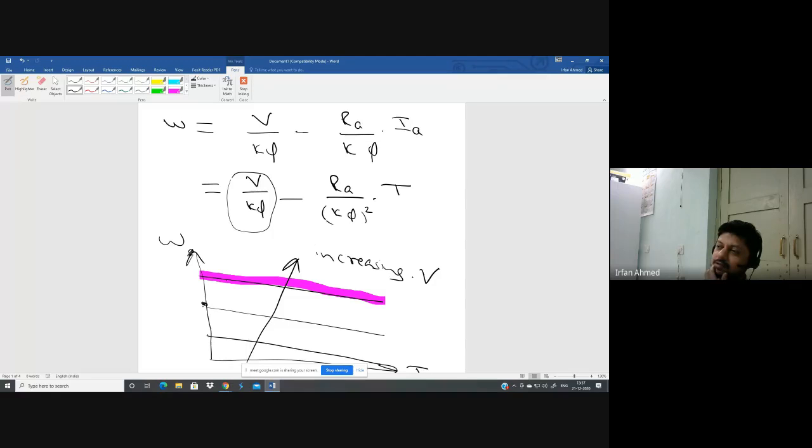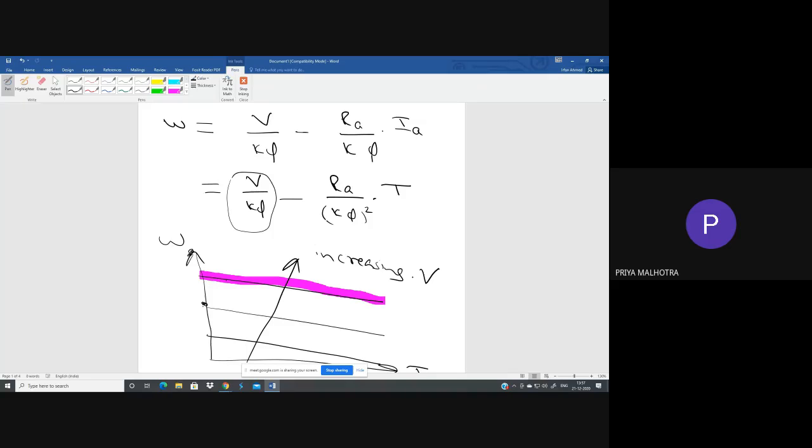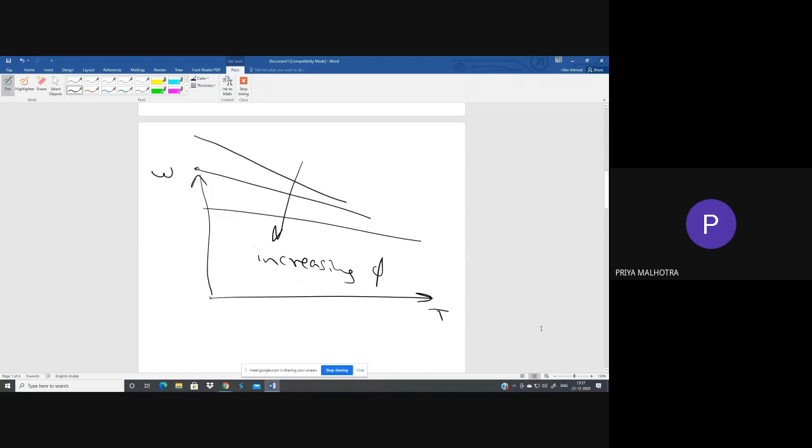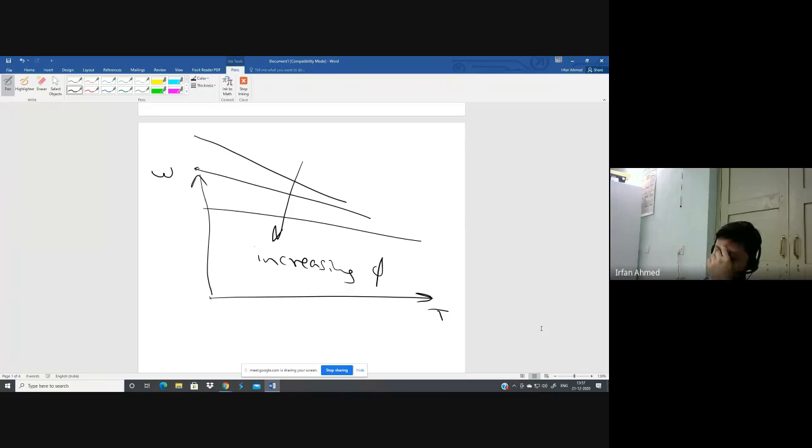So you can make the flux zero if I have the ability to run at infinite speed. You are saying we can increase the speed above 2.5 times, but it is not infinity. Suppose I can increase it up to 5 times, 10 times. Then what?